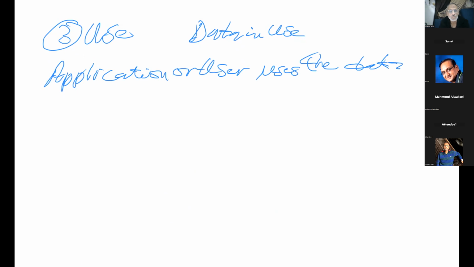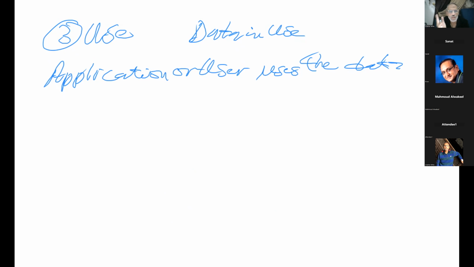Why? Because the data is in clear text. You will not be able to encrypt the data. It will not be able to be processed by the application or read by the user if it's encrypted or protected. When the data should be very clear, then it can be processed. This is the reason why we say that in this phase, the data has the greatest chance of compromise or leak. Why? Because it's unencrypted.